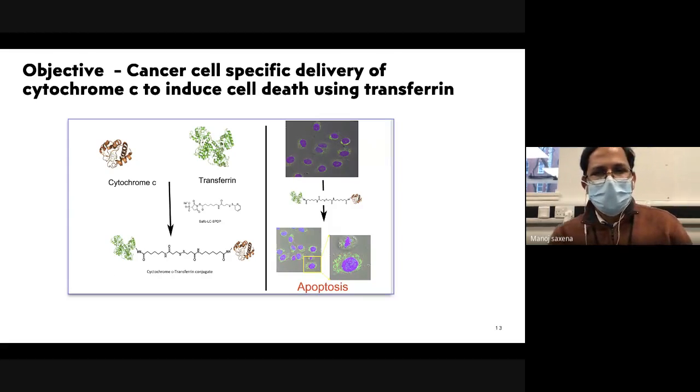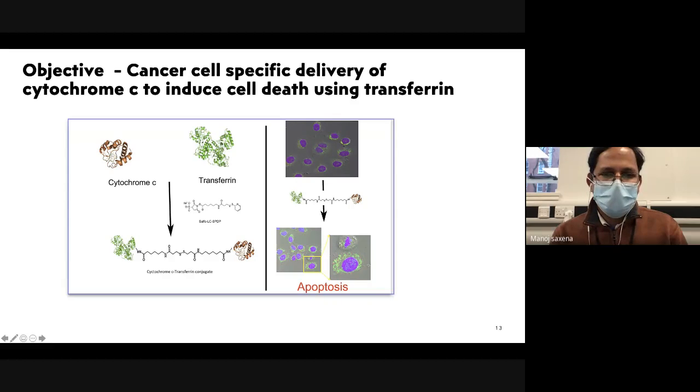The objective of combining these two proteins was to target specifically the cancer cells to induce cell death. By combining the properties of these two proteins, transferrin will do the targeting and cytochrome C will induce the cell death. This is the overall picture which summarizes the design concept, in which these two proteins were combined in a chemically cross-linked way.